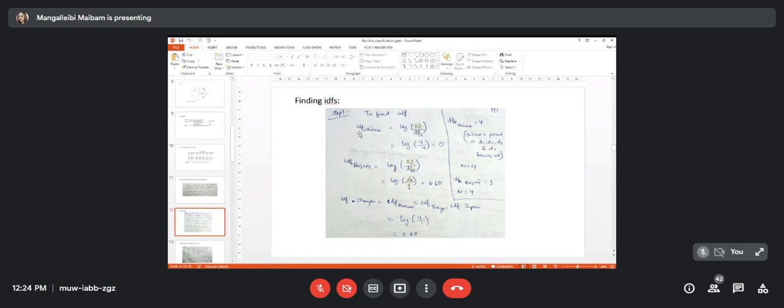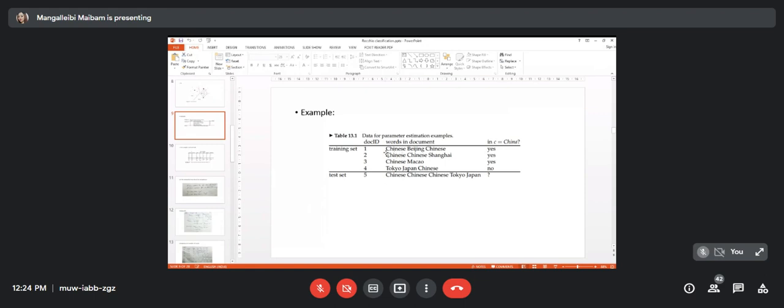Let us first see the IDF for Chinese: log N divided by DF_t. This N is the total number of documents in inverse document frequency. So we have four documents, 1, 2, 3, and 4.